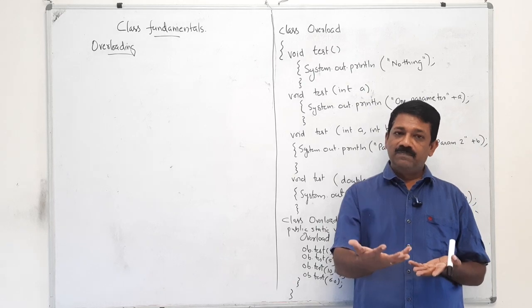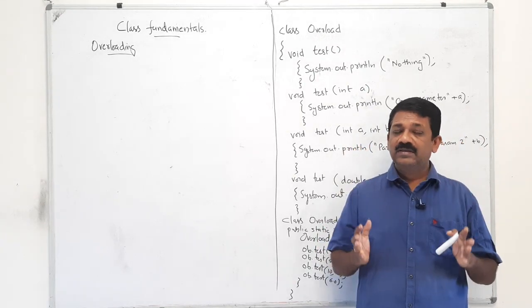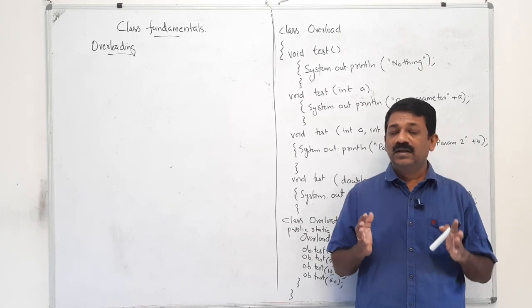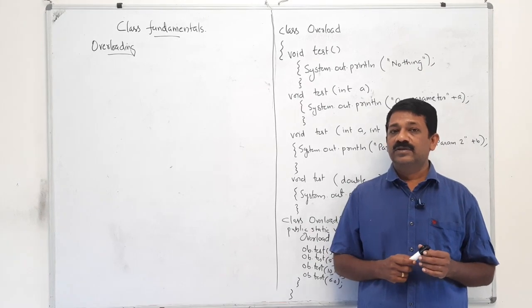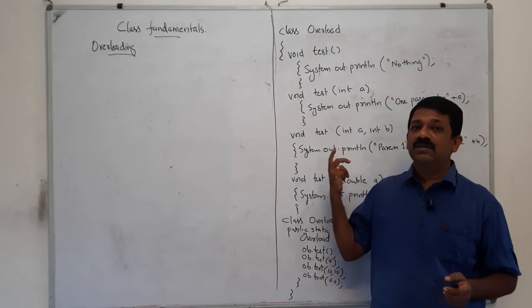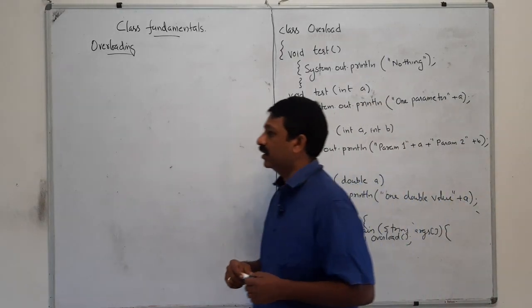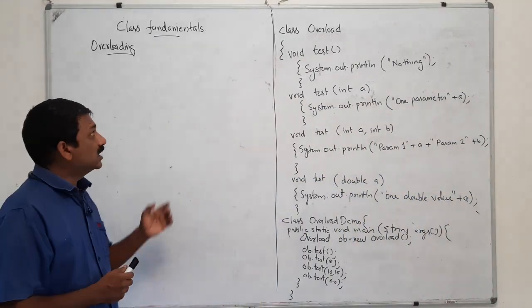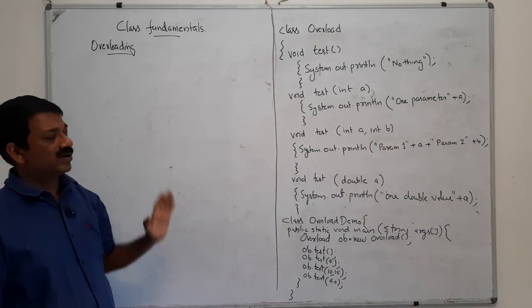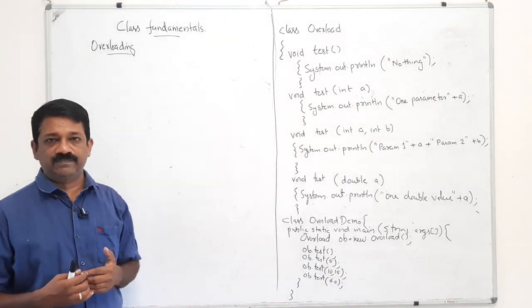Depending on the parameter type and the number of parameters, the system will automatically choose which method it has to execute. That is called overloading. The same method or function can be used for accomplishing a number of tasks.